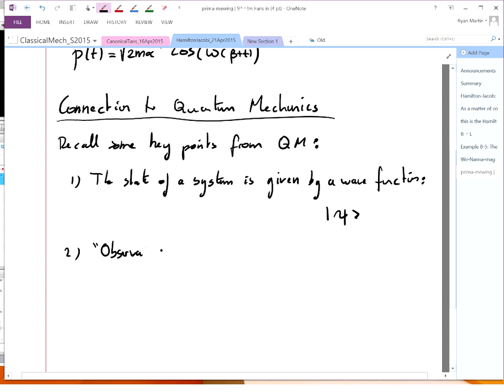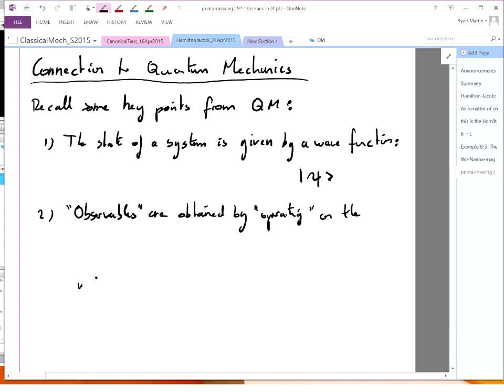In quantum mechanics, you have these things called observables. Observables are obtained by operating on the wave function. For example, let's say the wave function is describing an electron, and you want to know the position of that electron.